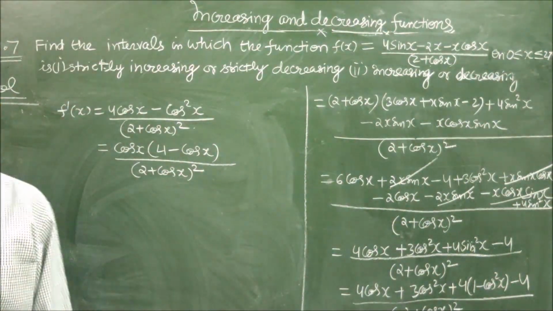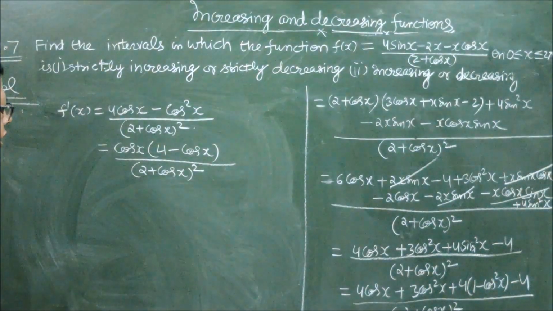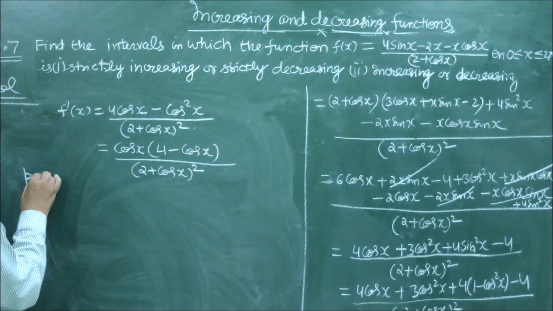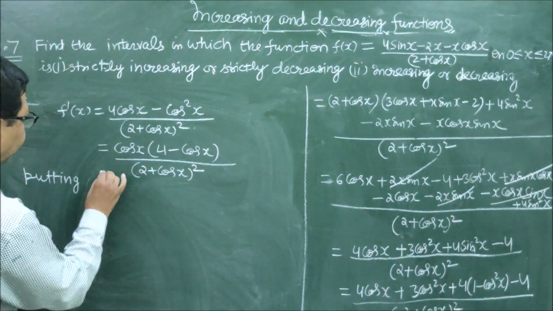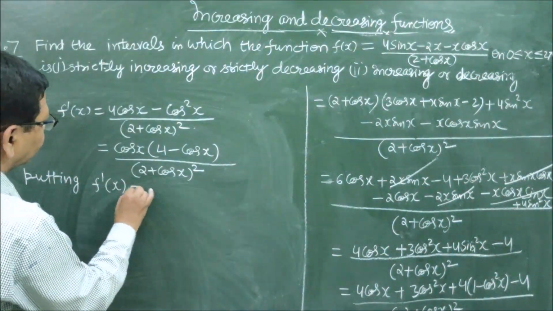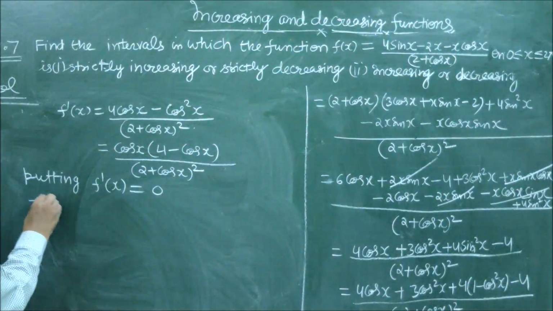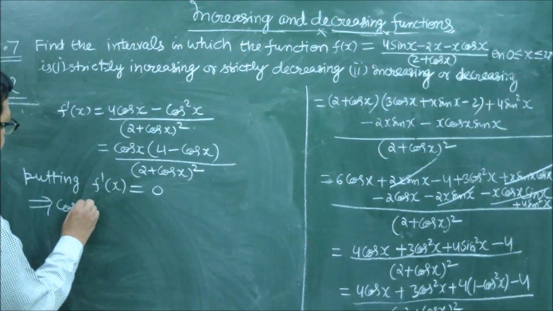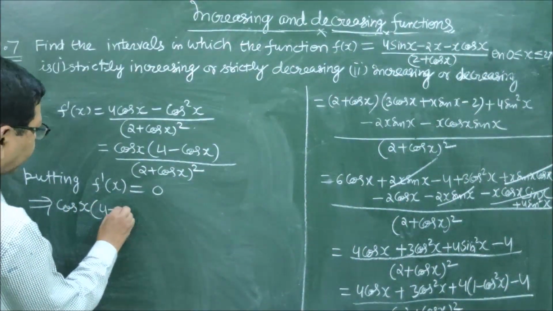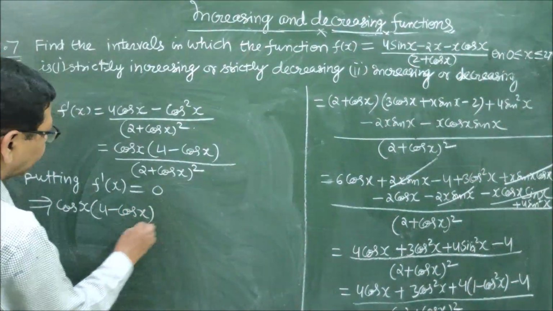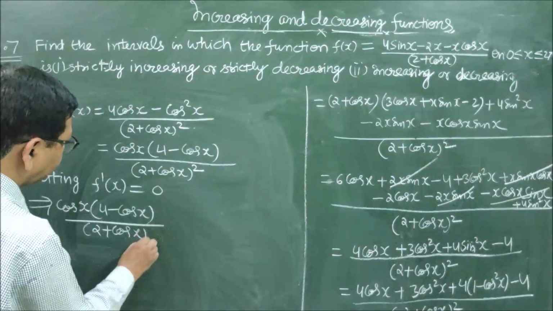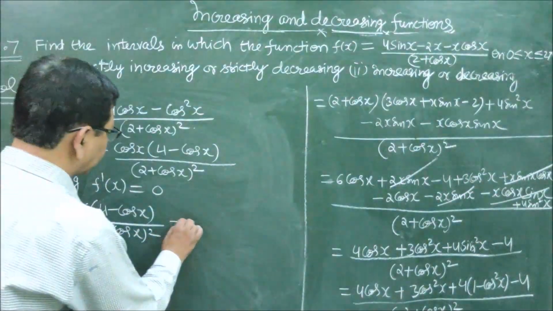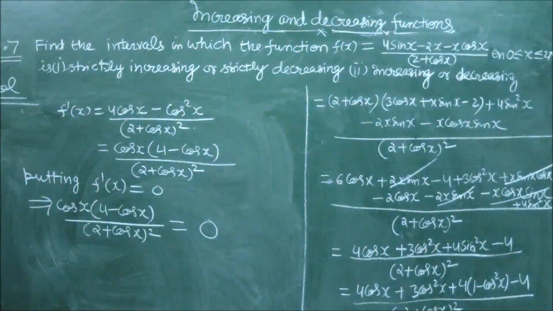Now let us find the critical point by putting f'(x) equal to 0. Putting f'(x) equal to 0, which implies cos x (4 − cos x) upon (2 + cos x) whole square is equal to 0.